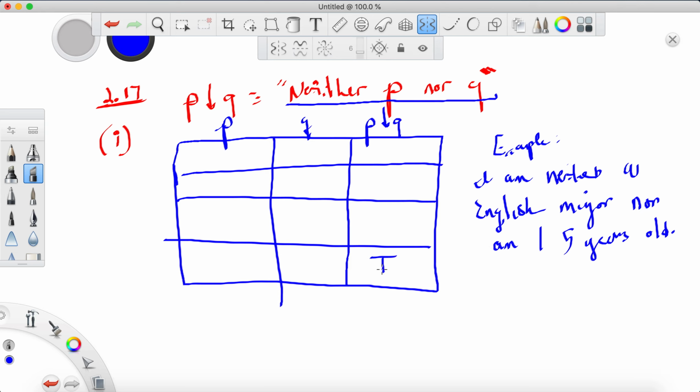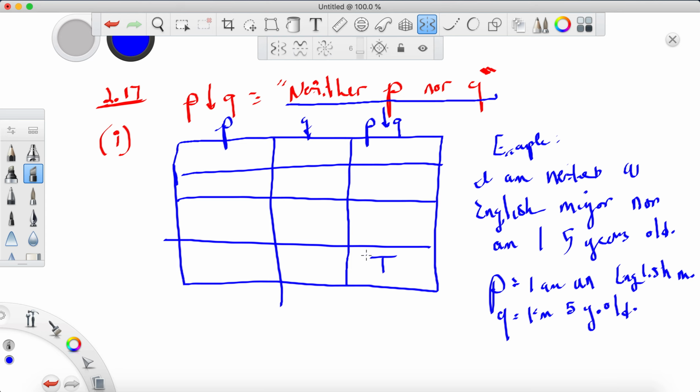And why is it true? Well, because I am not an English major. So the statement P is I am an English major, just M for major. And then Q, I am 5 years old.